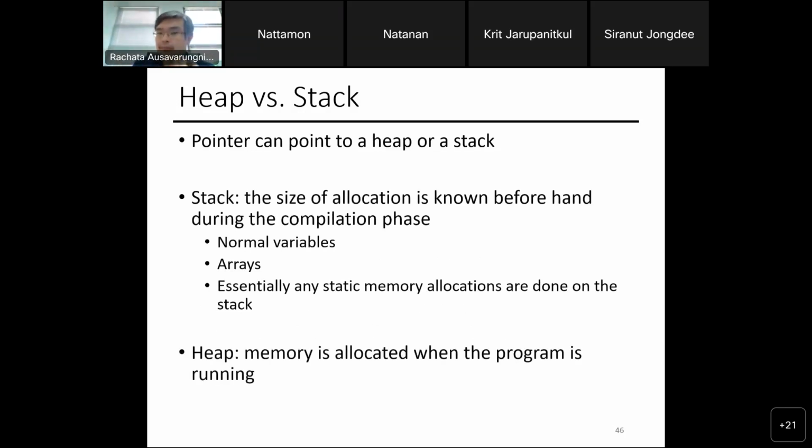And for things like malloc, usually this is called through the heap. So it's a different region in your DRAM. This allows the OS to have a different policy to manage the stack and a different policy to manage the heap.